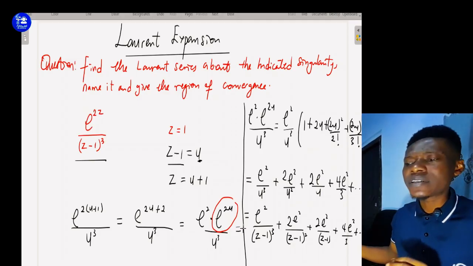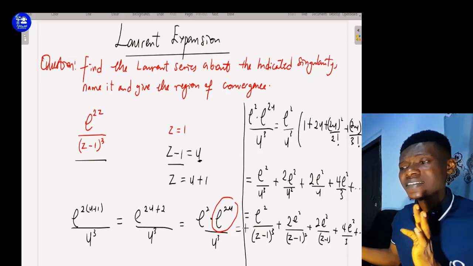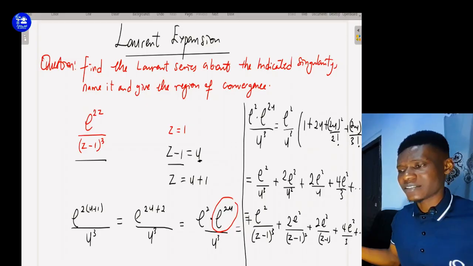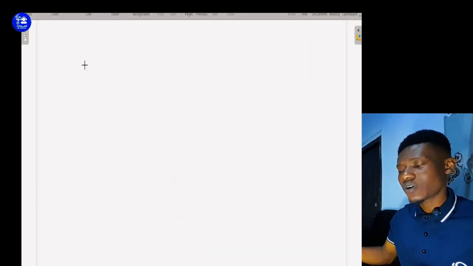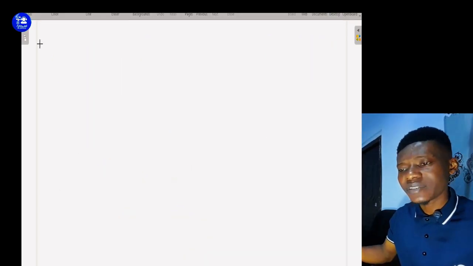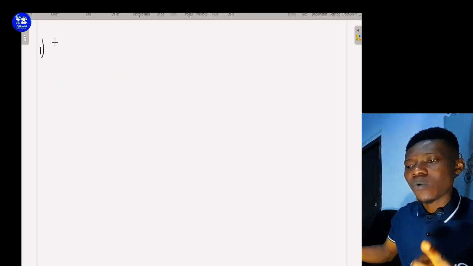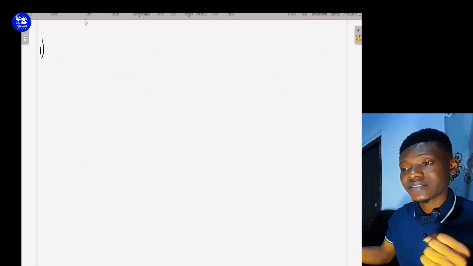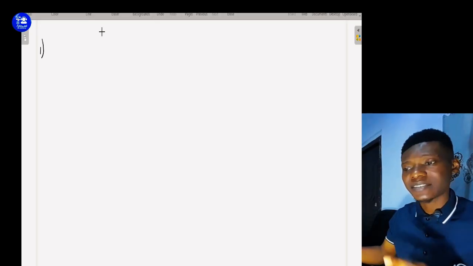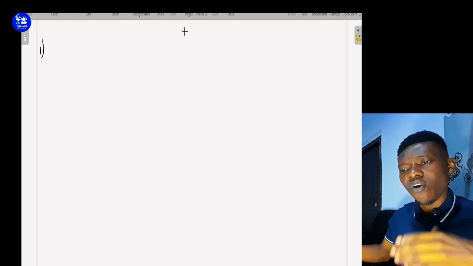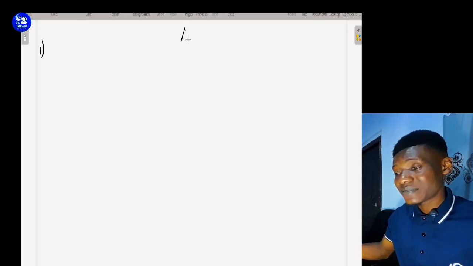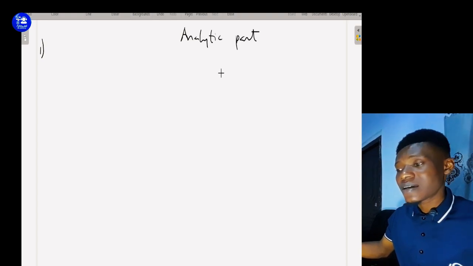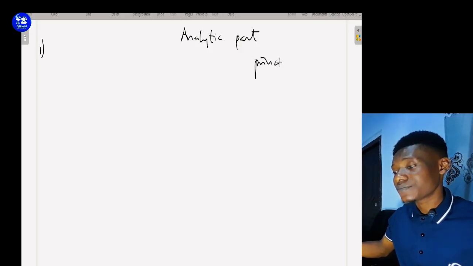Now, when you talk about singularities, you need to understand these three things. One, Laurent series has two parts. The first part, or one of the parts, is the analytic part, and the other part is the principal part.